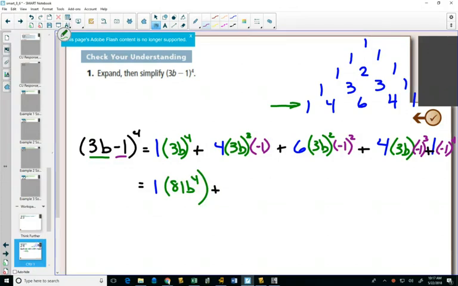I'm going to keep the 4 there. (3b) cubed would be 27b cubed, and I would still have a -1 there. (3b) squared will be 9b squared, and (-1) squared, when I square it, is +1.